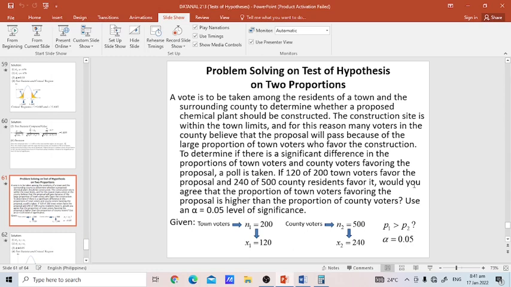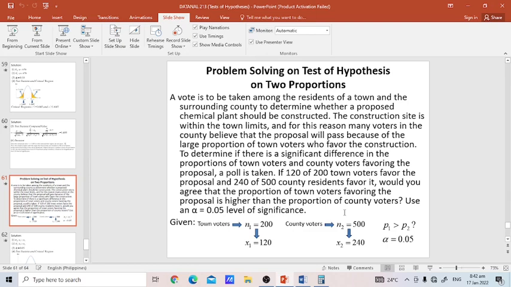So, would you agree that the proportion of town voters favoring the proposal is higher than the proportion of county voters? So, sa sample natin, 60% town voters, 48% county voters. Okay? Sa sample natin, kung pagbabasihan natin, we will agree. Diba? Pero hindi naman natin na-survey yung buong population. Yung population ng county voters and town voters.